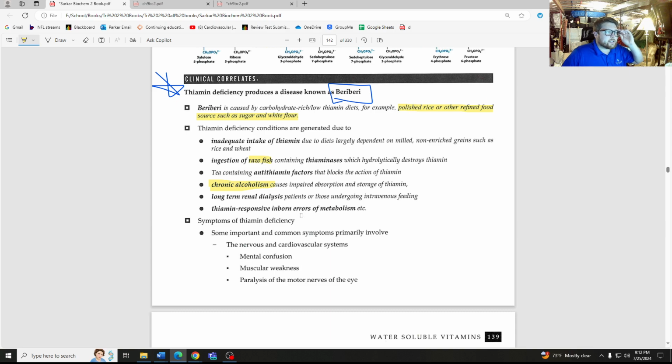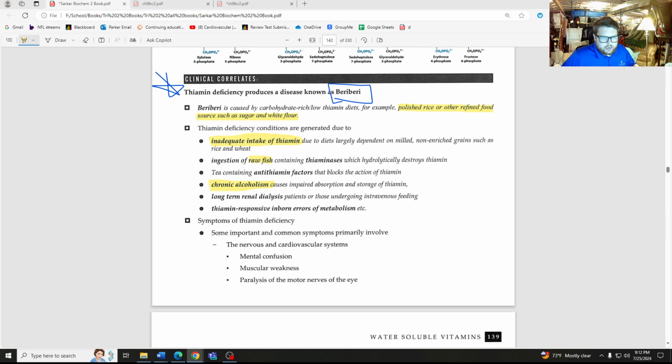Most of what you'll be tested on is this first one, either an inadequate intake of thiamine or the chronic alcoholism. You will see the chronic alcoholism.